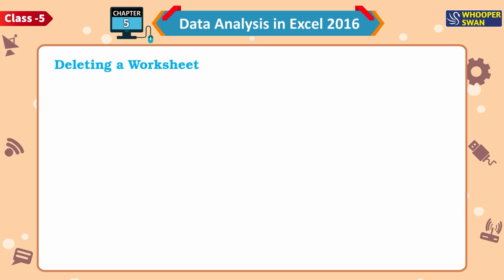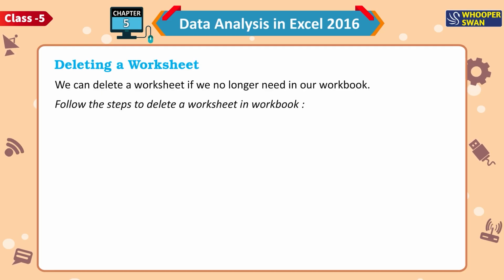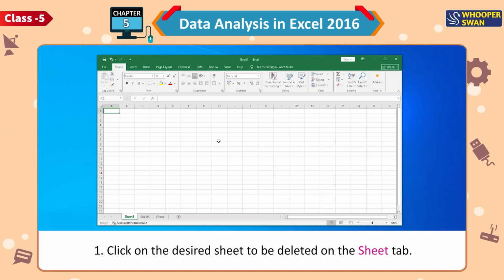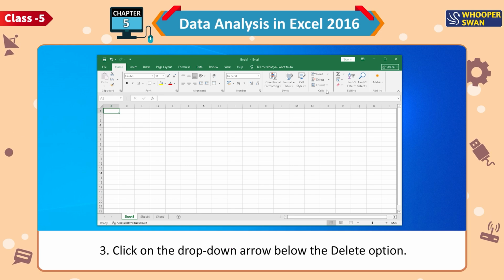Deleting a worksheet. We can delete a worksheet if we no longer need it in our workbook. Follow the steps to delete a worksheet in workbook. Step 1. Click on the desired sheet to be deleted on the Sheet tab. Step 2. Click on the Home tab and go to the Cells group. Step 3.